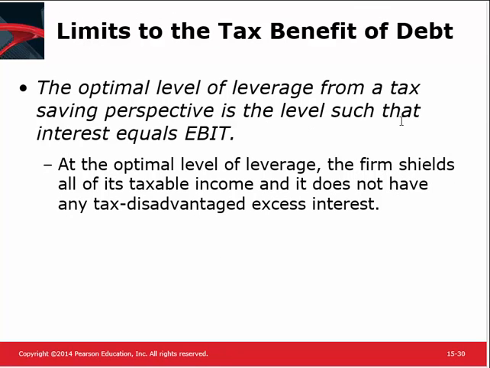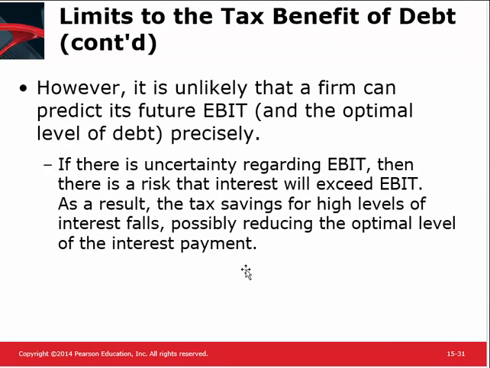So the optimal level of leverage from a tax saving perspective is essentially earnings before interest and taxes. You want to borrow enough so that interest exactly equals EBIT. If interest equals EBIT, you have no taxable income. And obviously with no taxable income, all the benefits stay with the firm. Now the challenge is it's very difficult for companies to predict exactly what their EBIT is going to be.